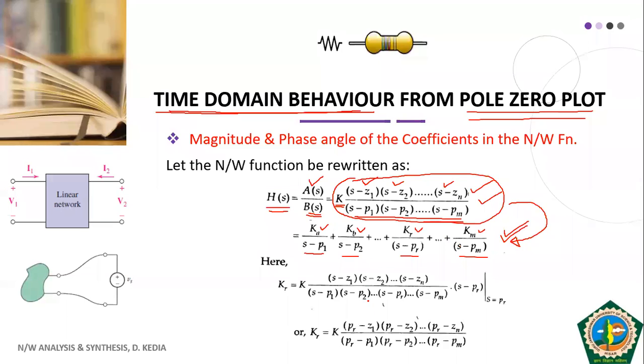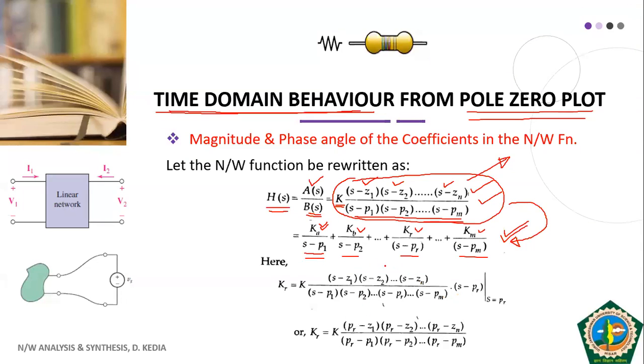So mathematically, if we want to find out k1, we used to multiply this expression with its denominator, that is s minus p1, and we used to substitute s equal to p1 in the entire expression.